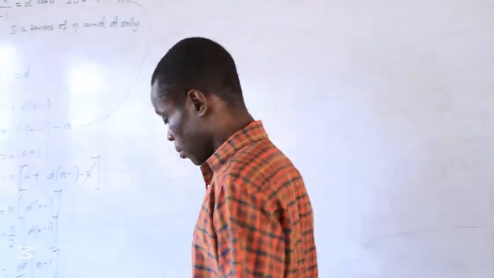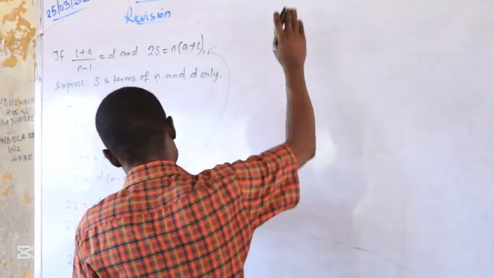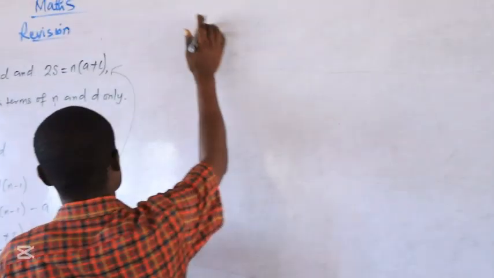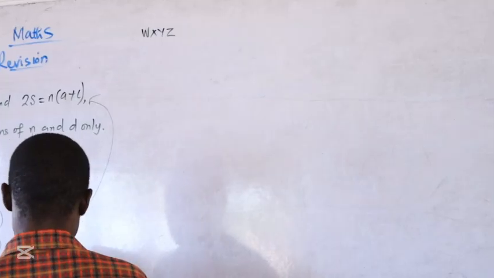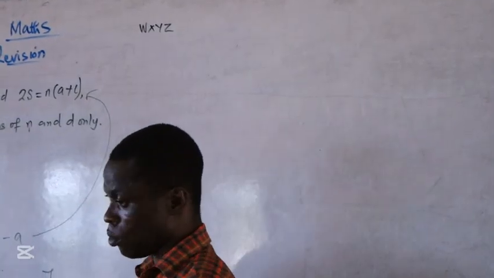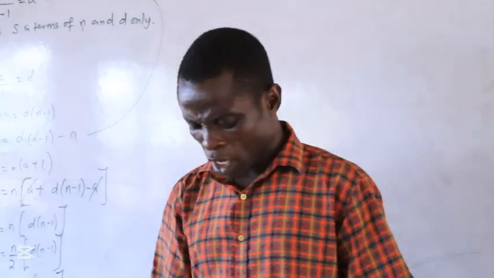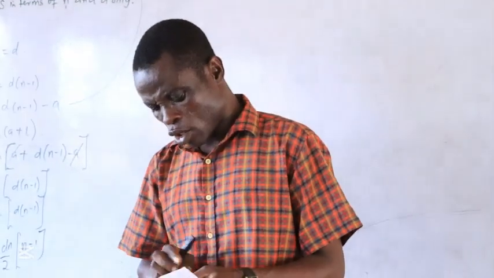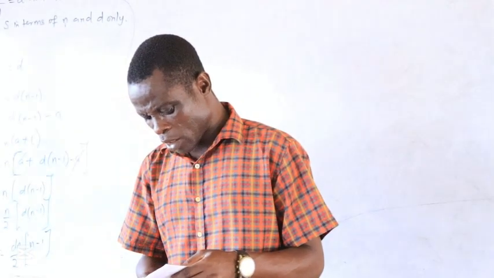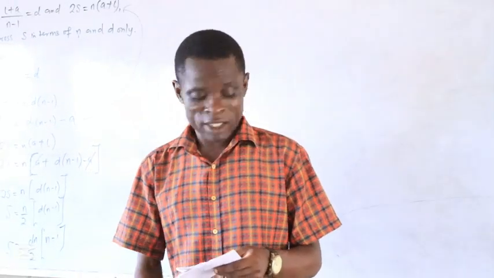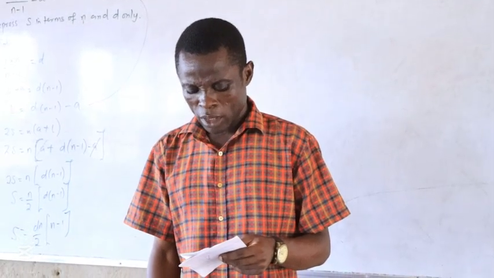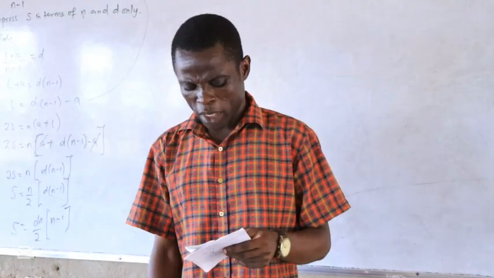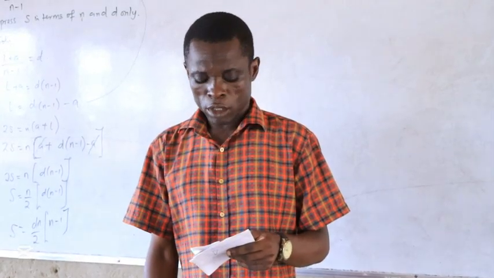In the diagram, WXYZ is a segment of a circle such that XZ is the perpendicular bisector of WY.